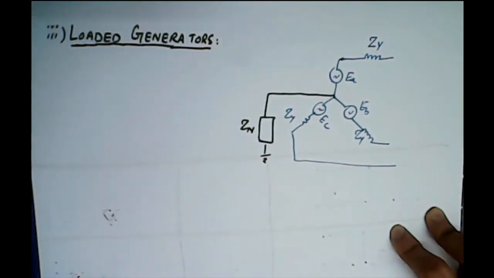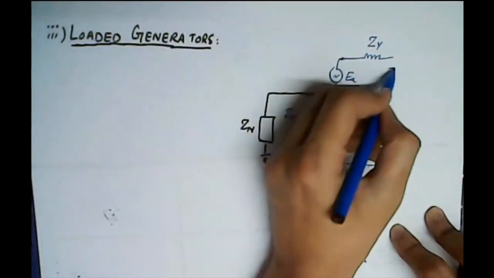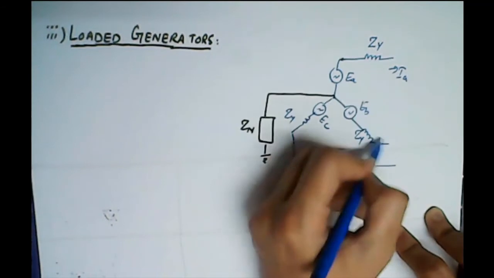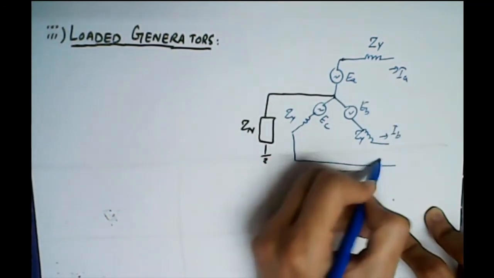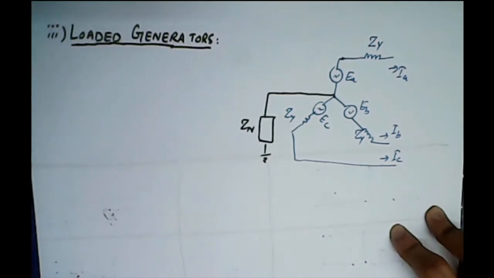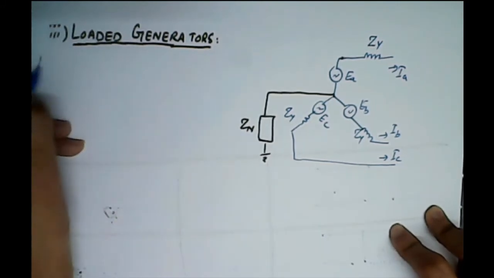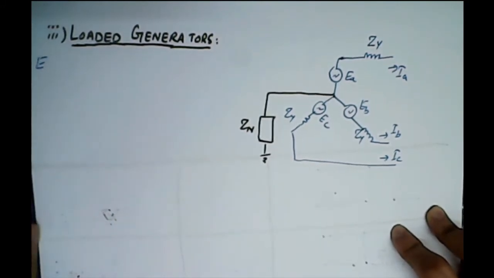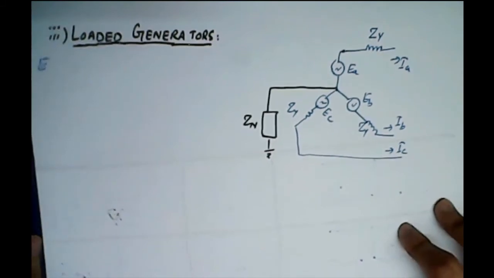Right, so this is the current flowing out, IA, IB and IC. So again we will be using the same method as we did in impedance loads. I will be going through this a bit quickly.